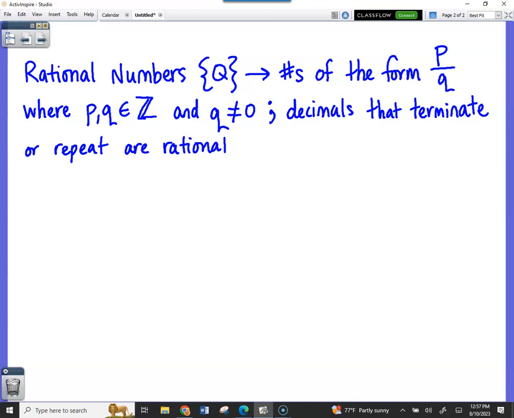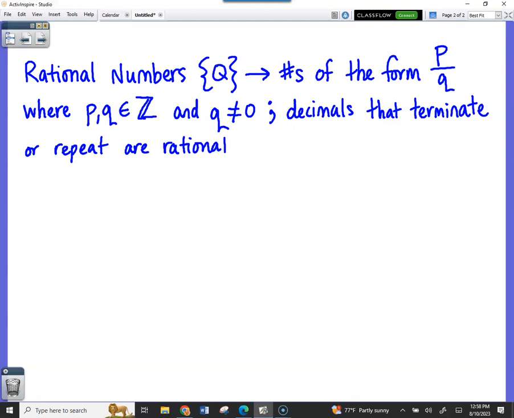Then they're given a rule for the P and the Q. They're saying that the P and Q have to be elements of, meaning in the family or coming from the group, so elements of the set of integers. There is a restriction. Q cannot be what? 0. That makes sense. You've learned ever since you started dividing that you cannot divide by 0. So they're saying Q can never be 0.